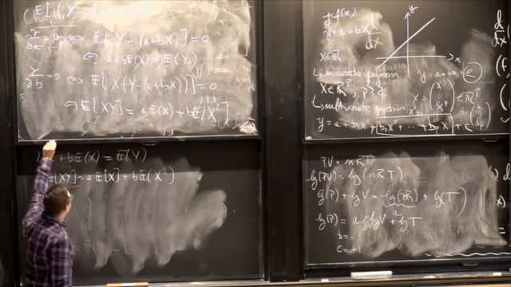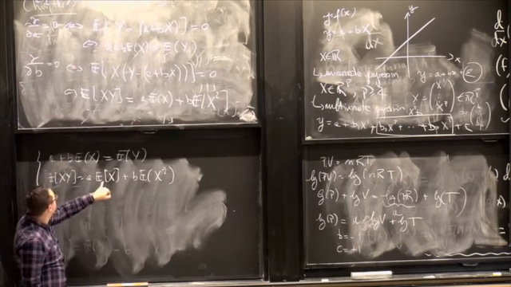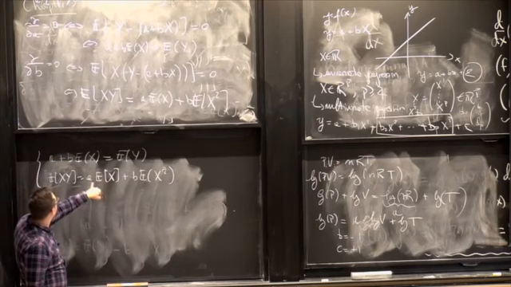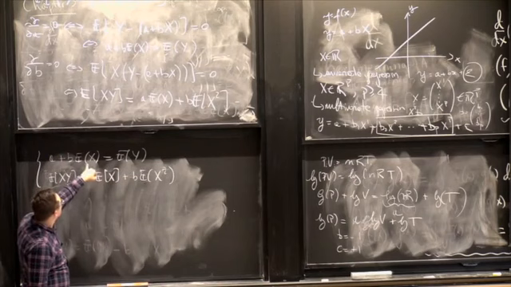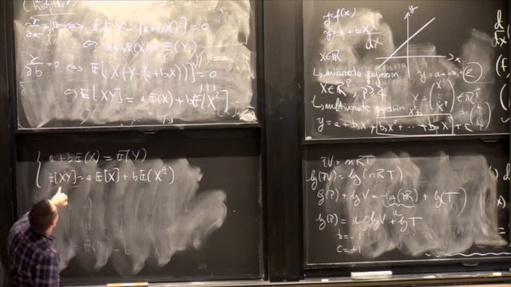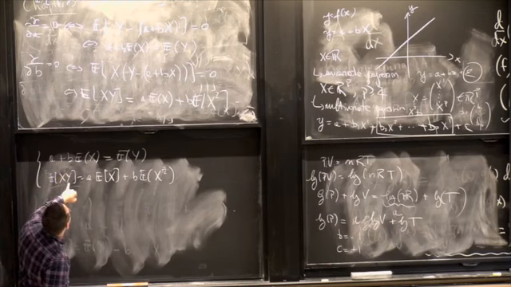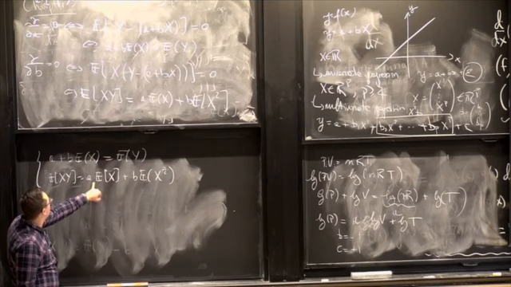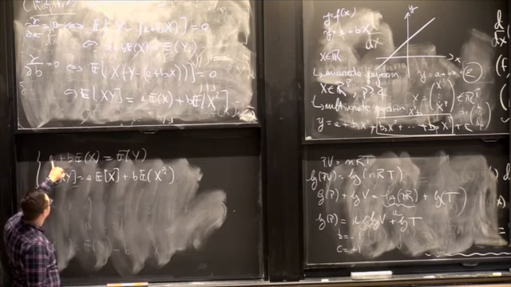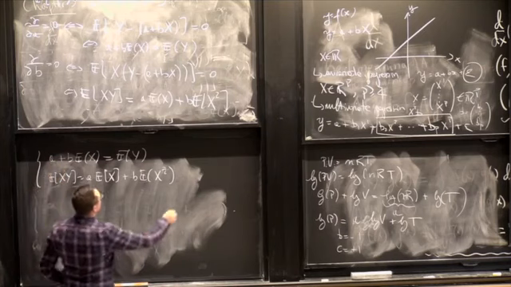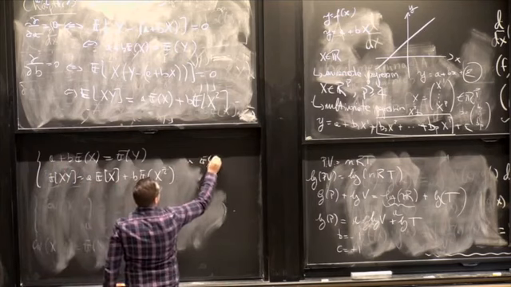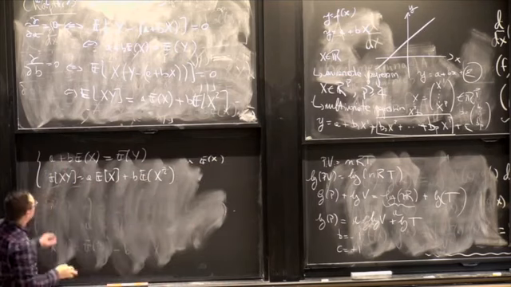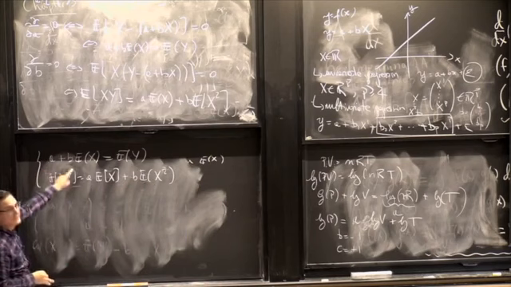Now I want to cancel one of these things, so I'm going to take this guy and multiply it by e of x and take the difference, and then those two terms are going to cancel.